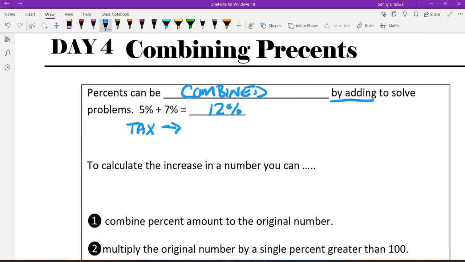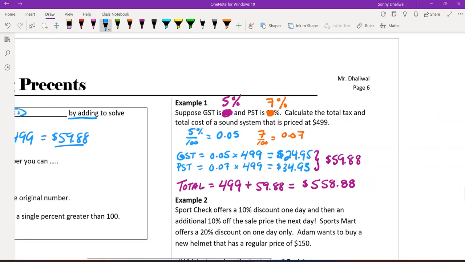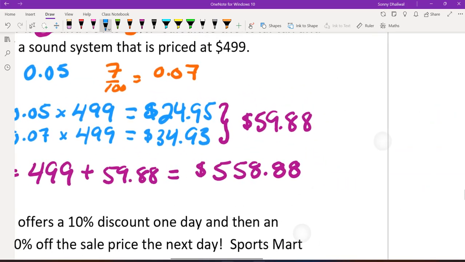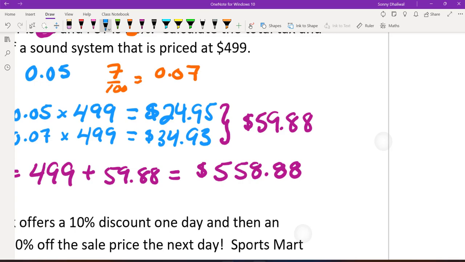Our tax on the same question is going to be, what's 12% as a decimal? Adam? 0.12. Take your 12, divide it by 100. And you multiply that by 499. Okay? And what do we get? 59.88. The same number we got over here, but a lot faster.